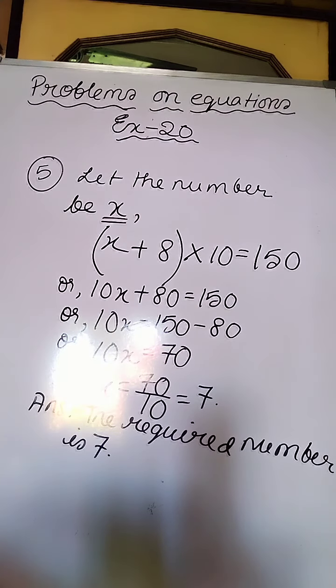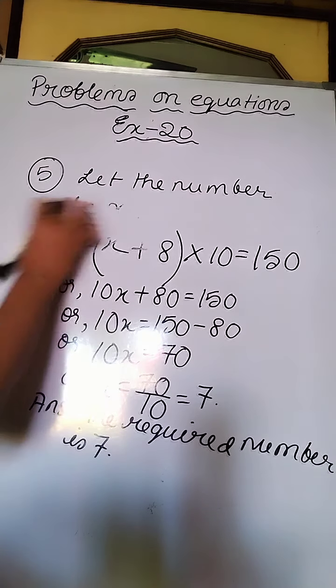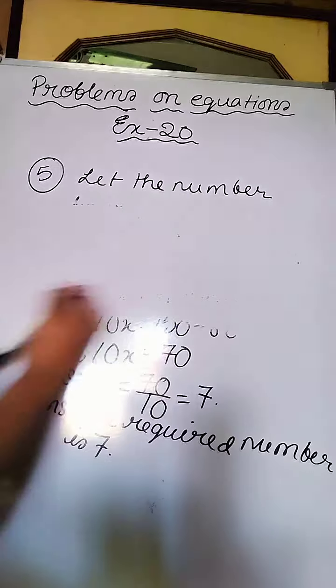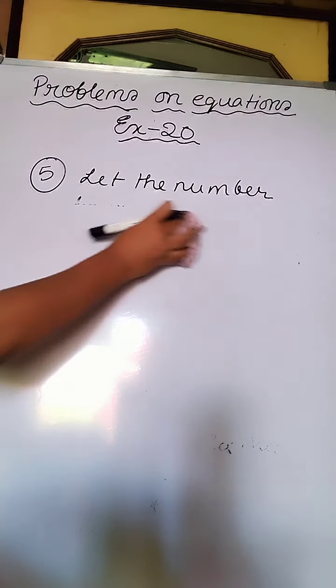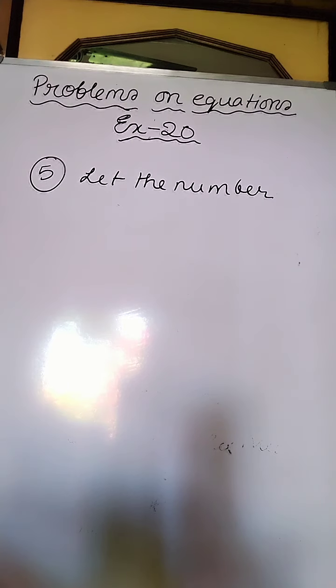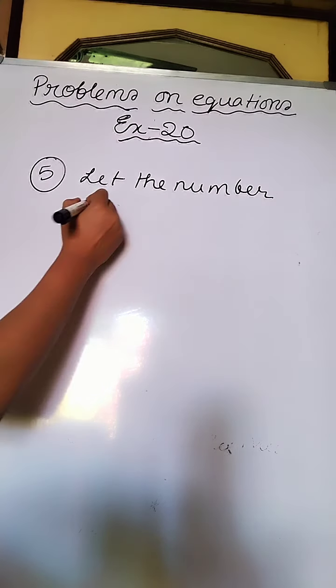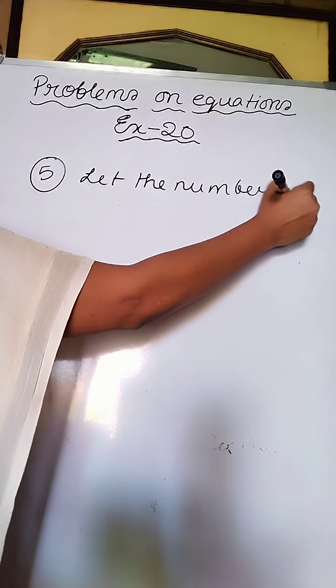Now we will solve sum number 6. Hope you have copied this sum. So I am rubbing this sum and starting sum number 6. In sum number 6 also it is given that if 5 is subtracted from a number, again we have to let the number be x.